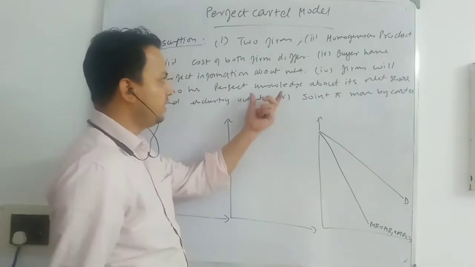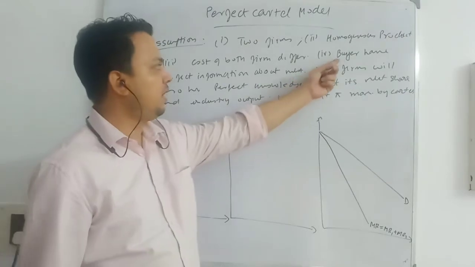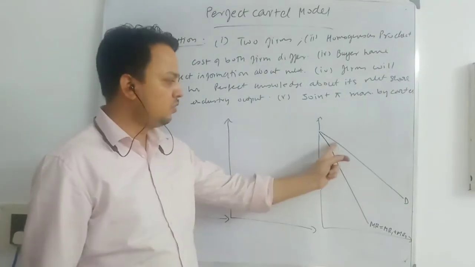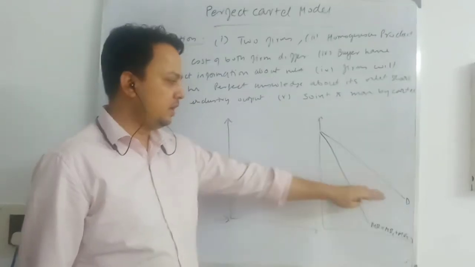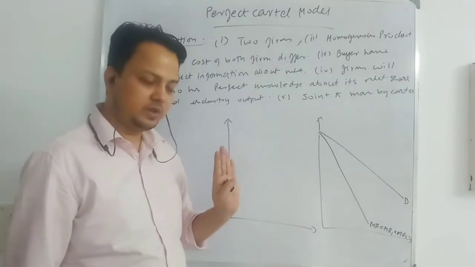And here we are saying that there is perfect information between buyer and seller, so our cartel management board is perfectly able to estimate the AR/MR curve for the industry.